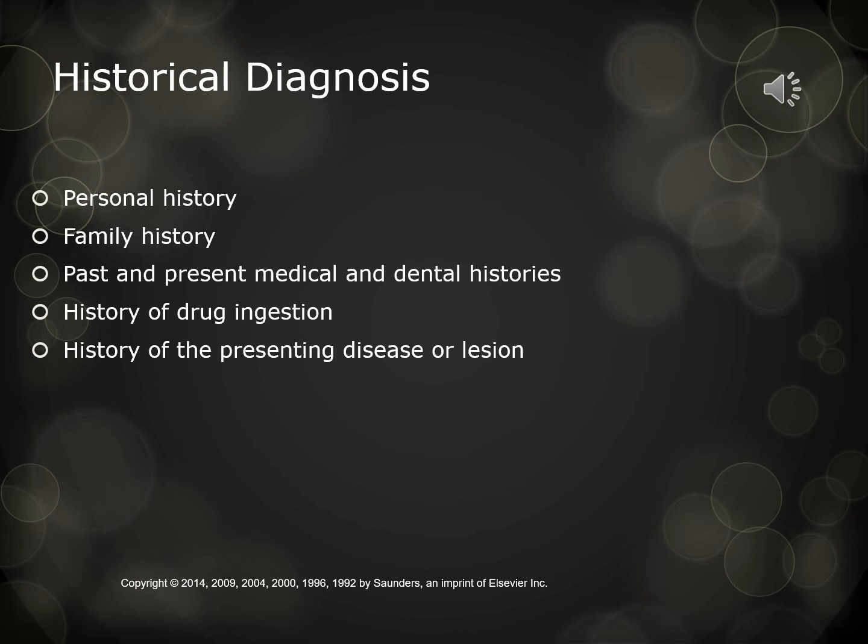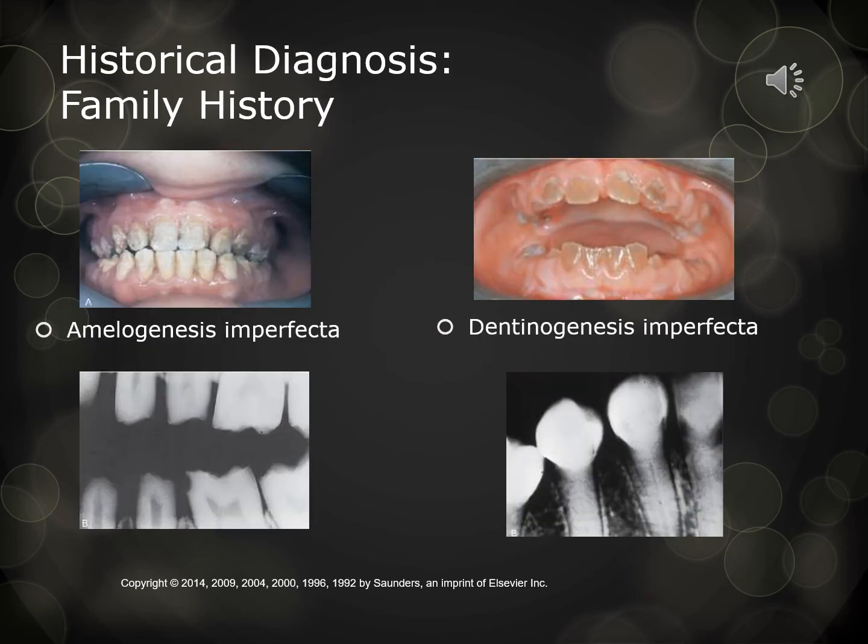Looking at the historical diagnosis, the family history is very important. One disorder of the tooth development is called amelogenesis. This is where there are unusually small, discolored, pitted, or grooved teeth that are prone to rapid wear and breakage.